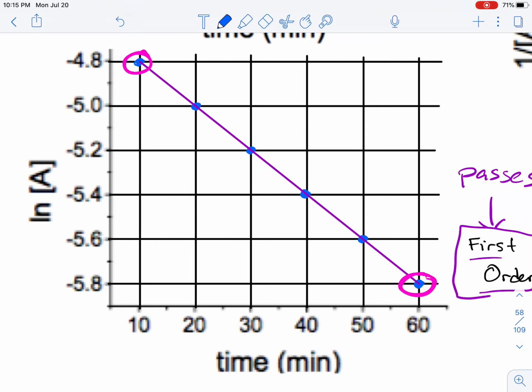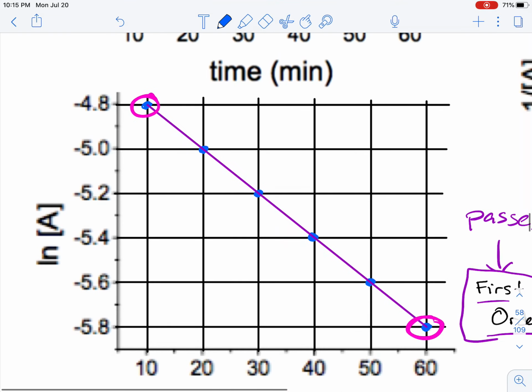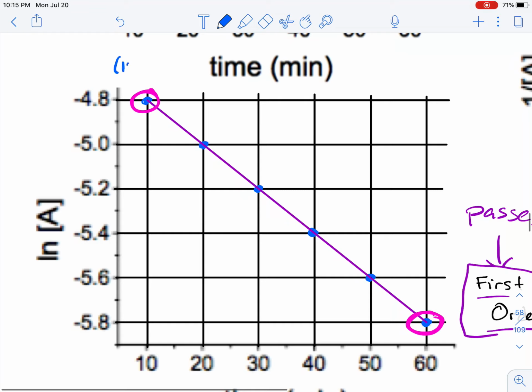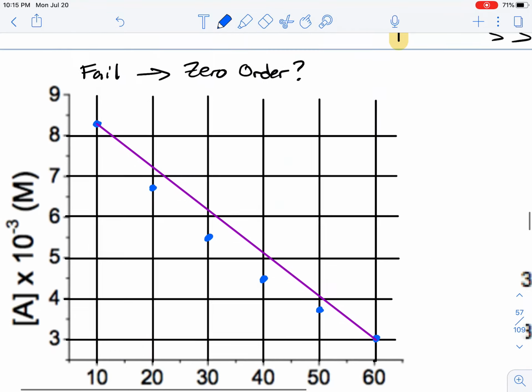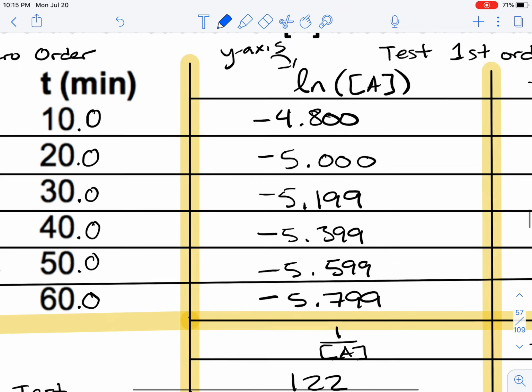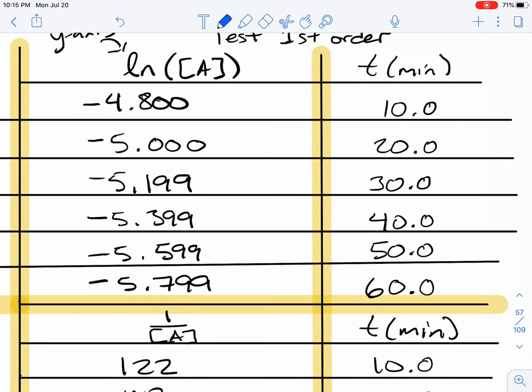And so looking at the value of this point, we have an x value of 10 and a y value of negative 4.800. Actually, it's going to be 10.0 if I wanted to record the sig figs that's reflected in this table.